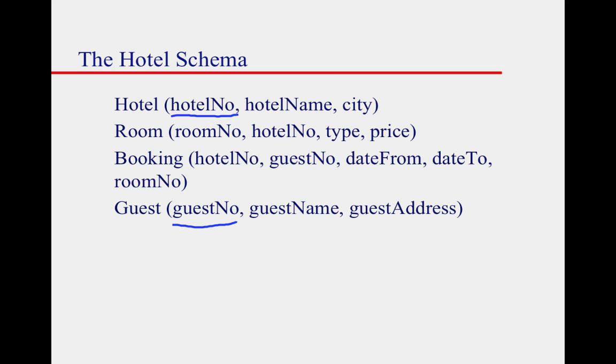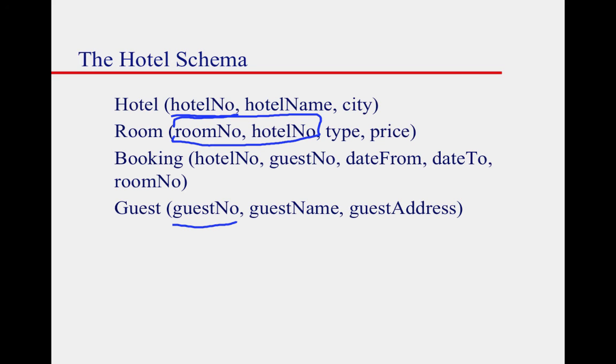Room number and hotel number together. I shouldn't have any duplicated room numbers within a hotel. That would be pretty bad, right? Then our guests will get confused. So presumably that is a candidate key.